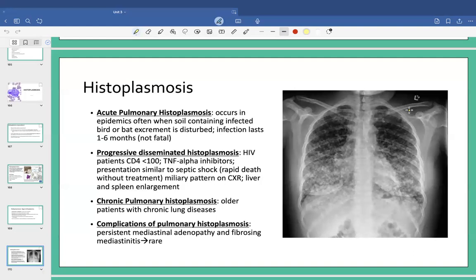Typically, they have rapid death without treatment. There may be a miliary pattern on the chest X-ray, and there might be liver and spleen enlargement noted. These patients might present with fever, trouble breathing, cough, weight loss, exhaustion. They could also have ulcers in their mouth.